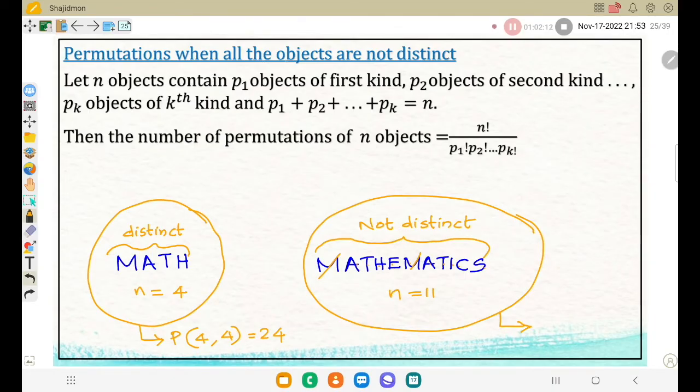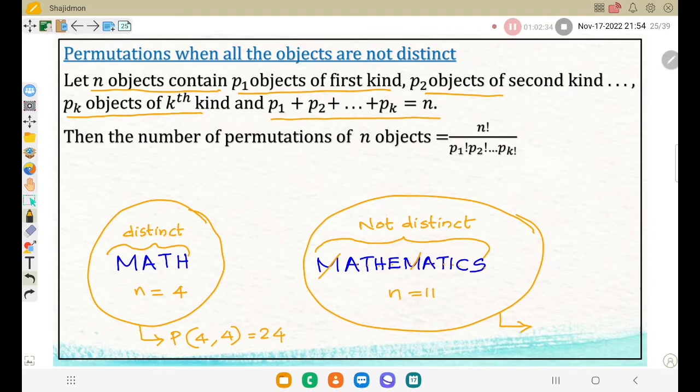Permutation when all objects are not distinct means, for example, we have n objects, containing p1 objects of the first kind, p2 objects of the second kind, p3 objects of the third kind, and so on, up to pk objects of the kth kind, and p1 plus p2 plus p3 plus p4 up to pk equals n.